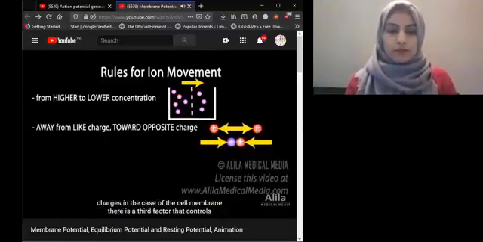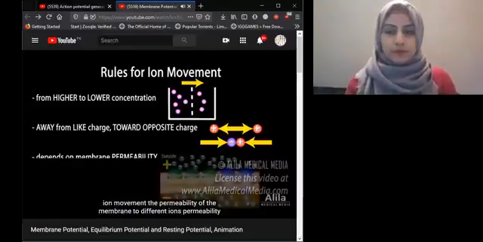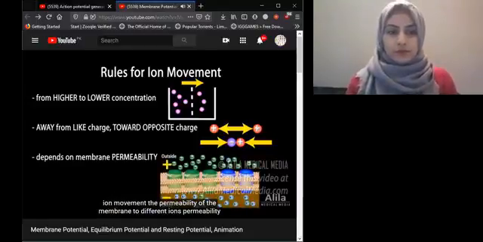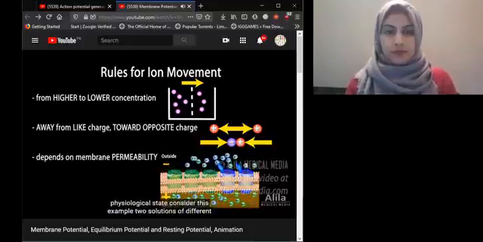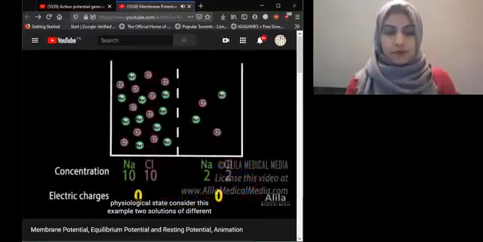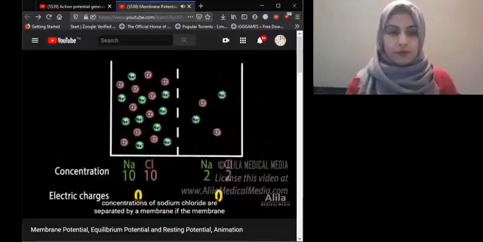In the case of the cell membrane, there is a third factor that controls ion movement: the permeability of the membrane to different ions. Permeability is achieved by opening or closing passageways for specific ions, called ion channels. Permeability can change when the cell adopts a different physiological state. Consider this example. Two solutions of different concentrations of sodium chloride are separated by a membrane.